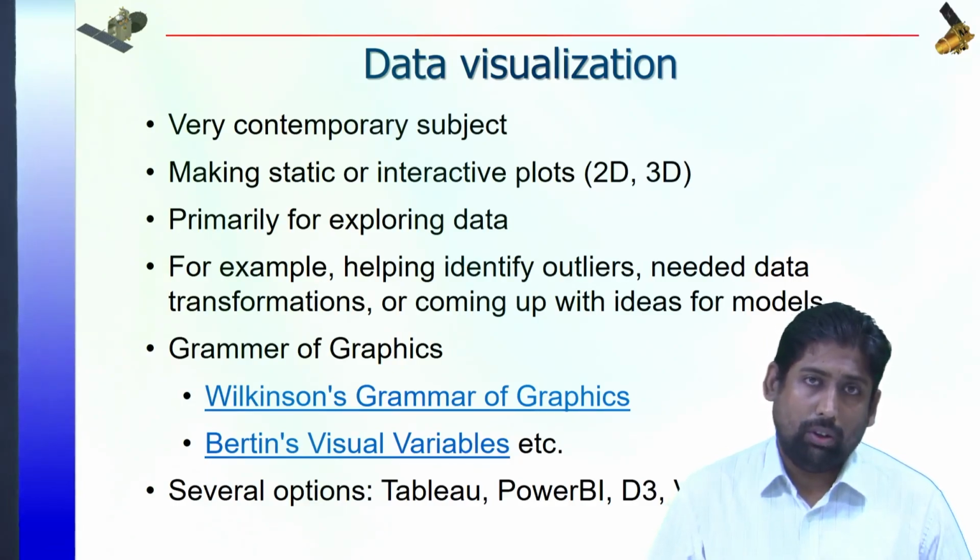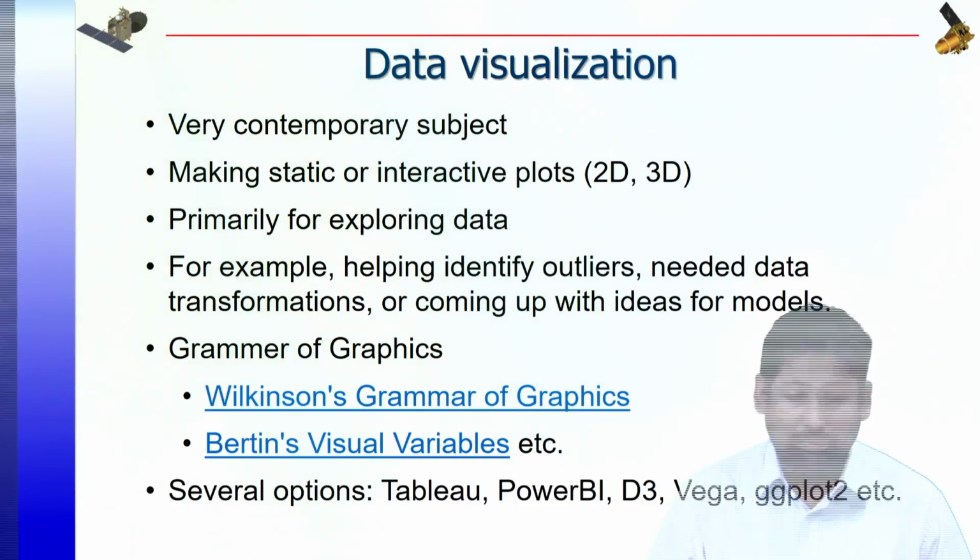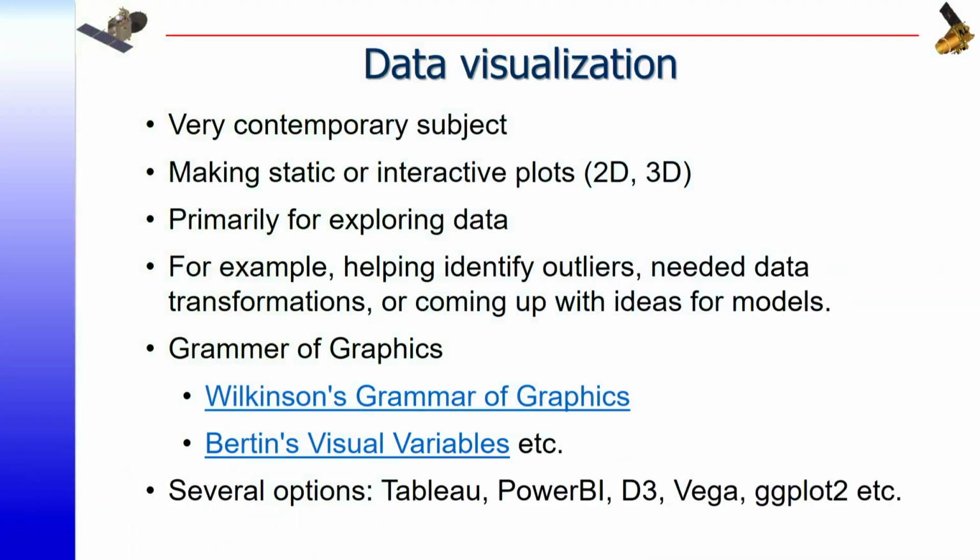And 2D plots also include maps. This is done primarily for exploring the data that we have. So, as an application scientist, you may be having a lot of field data or a lot of satellite data.